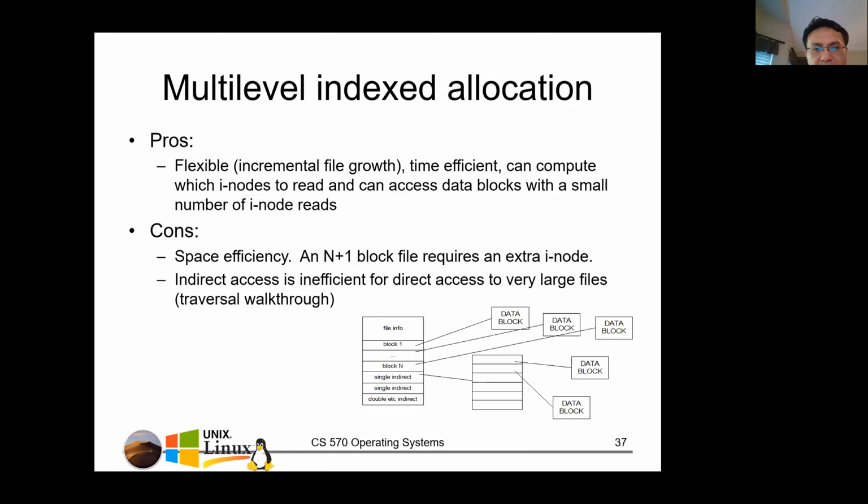But I talked about the optimization, where you just put very small files into the inode. And for random access, or direct access, to very large files, you still need to traverse through the tree data structure.